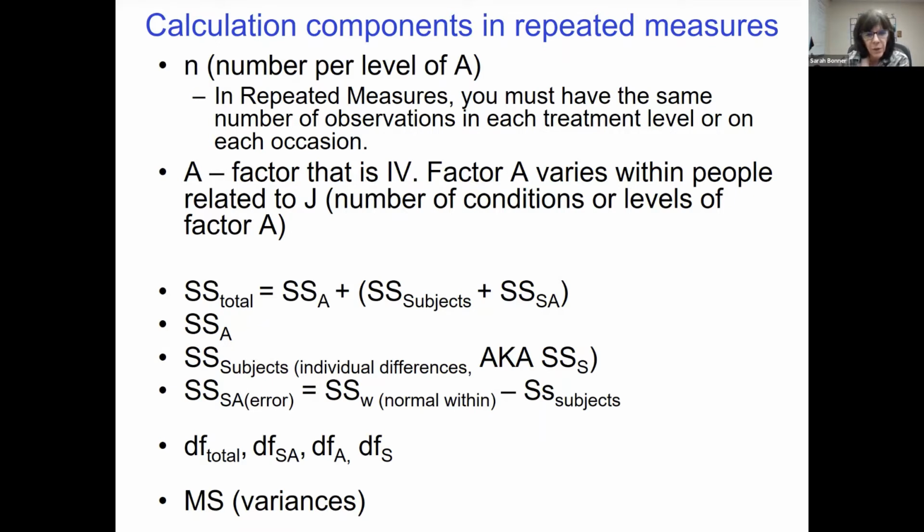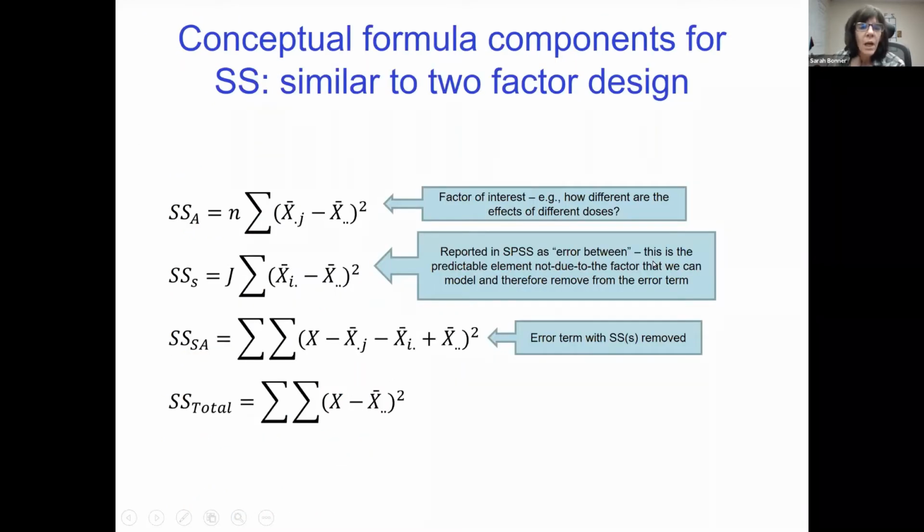Your degrees of freedom and your mean square variances, or your mean squares, are composed as usual. We can break this down. I am not going to go through all of these individual equations, except to note that your factor of interest is sums of squares due to the factor or the independent variable.